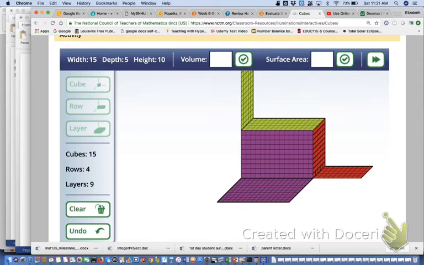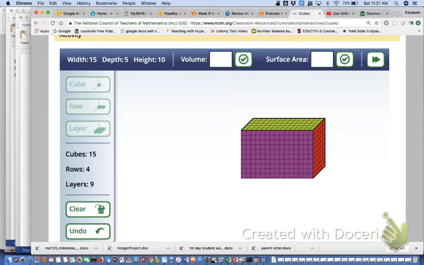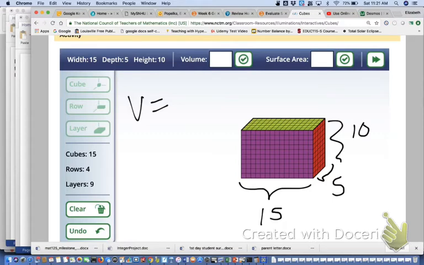And to figure out how many total cubes are in there, in other words, what the volume of the box was, I took how wide it was, which was 15. I took how long it was, like how far back it was, which was 5. And I took how high it is, which is 10, and I just multiplied all those numbers together.